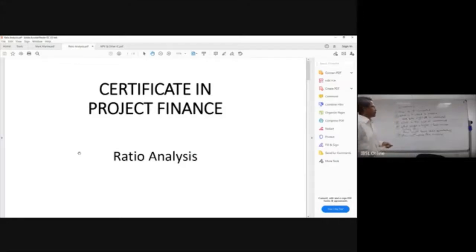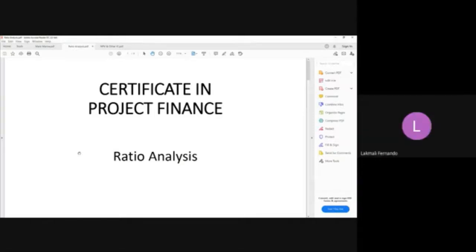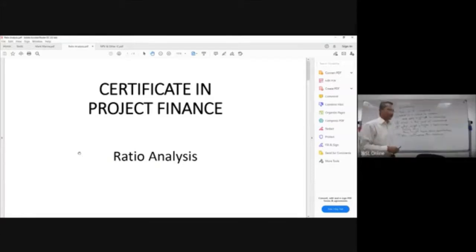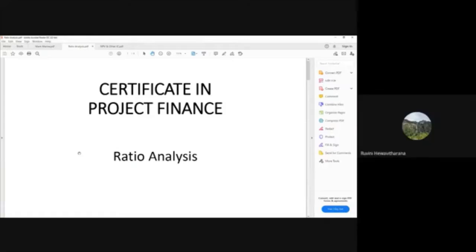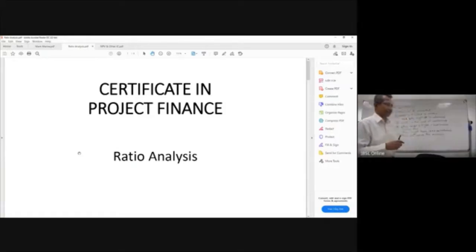We take the income before interest and tax, and then divide by the interest amount for that period plus the installment. Okay, right. So that is how it is computed.